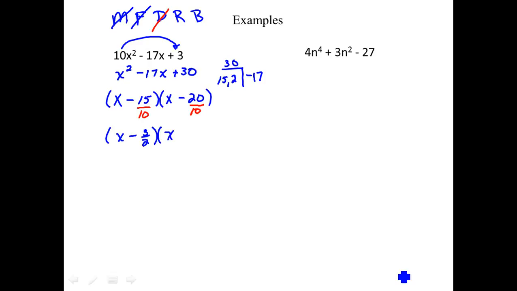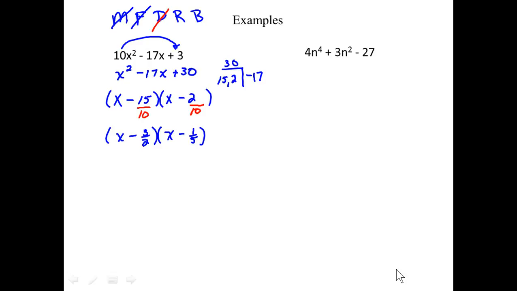And 20 over 10 will reduce to what? Thank you. Okay. 2 over 10 will reduce to what? Very good.